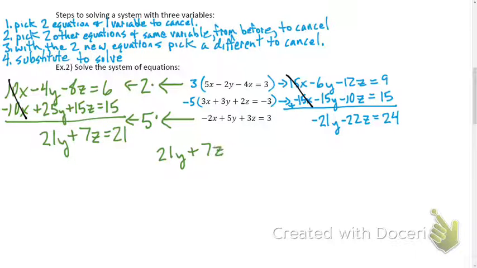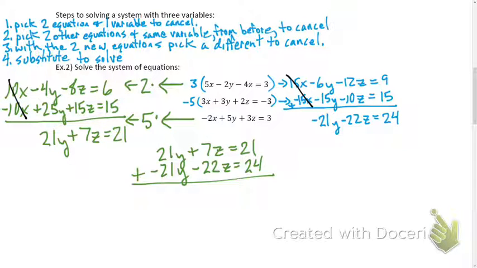So I just simply add those to each other, and the y's cancel out. We get negative 15z equals 45, and I know z is negative 3.